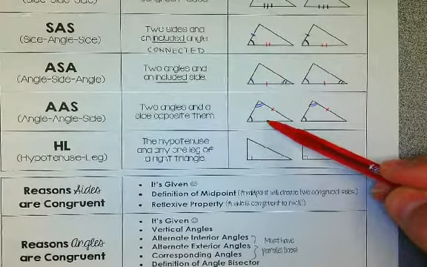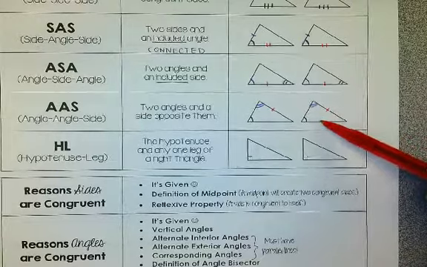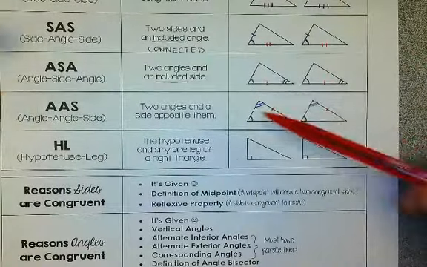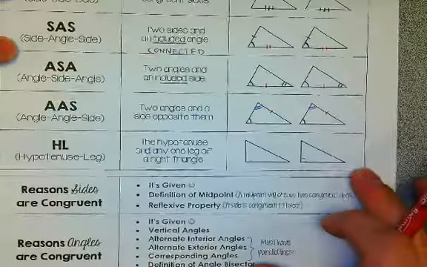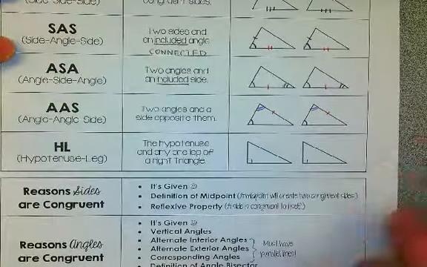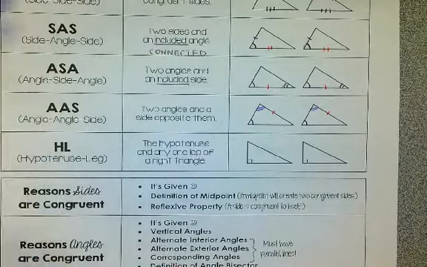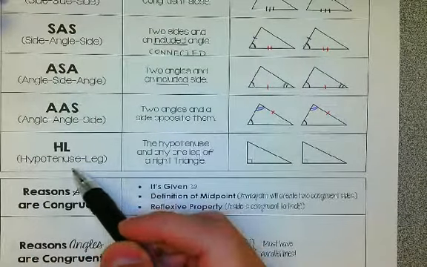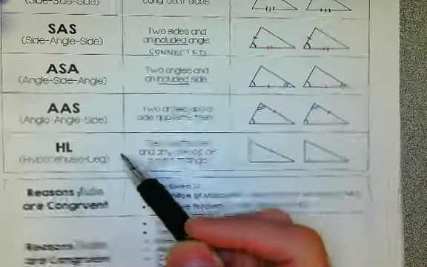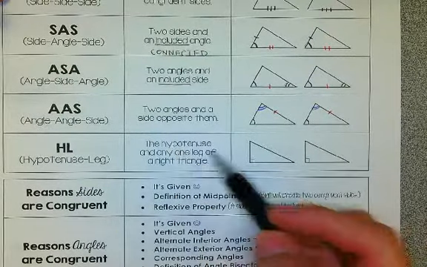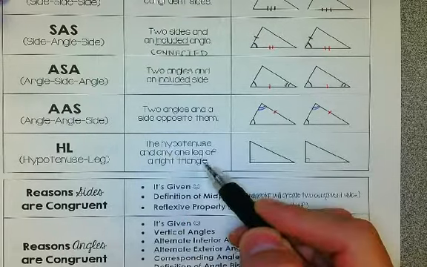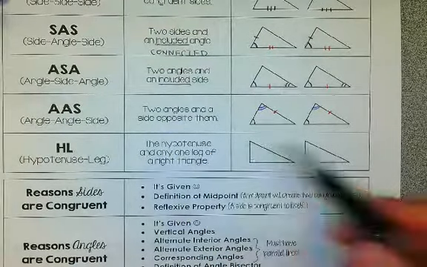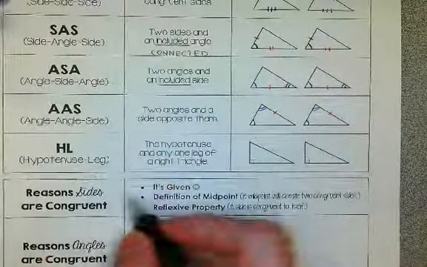Last up we have hypotenuse leg. For these 2 triangles to be congruent, the hypotenuse and leg of a right triangle have to be congruent. So what is the hypotenuse? The hypotenuse is opposite of the right angle.